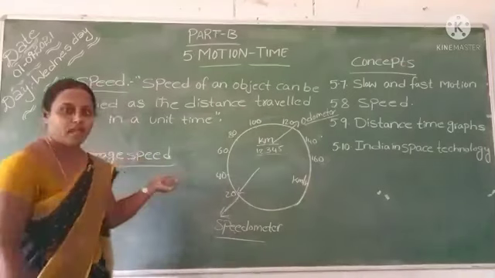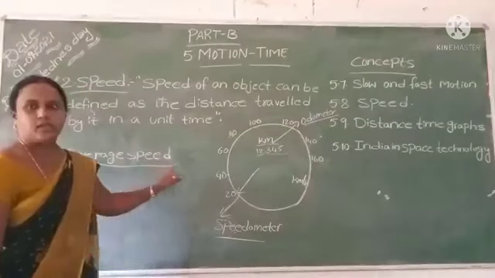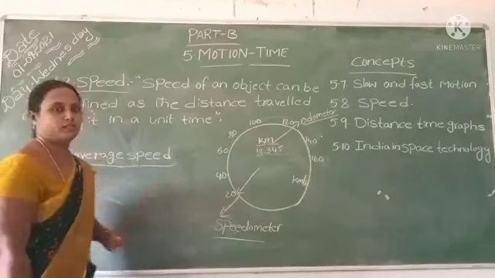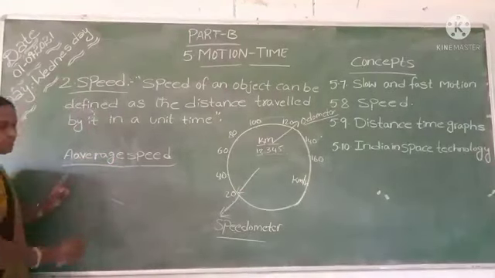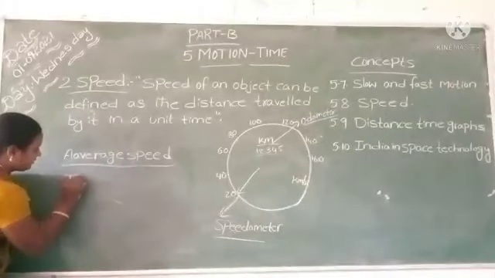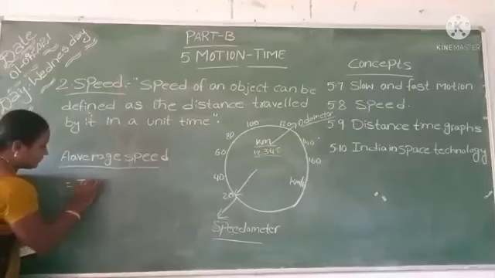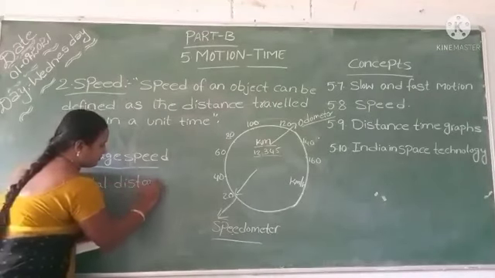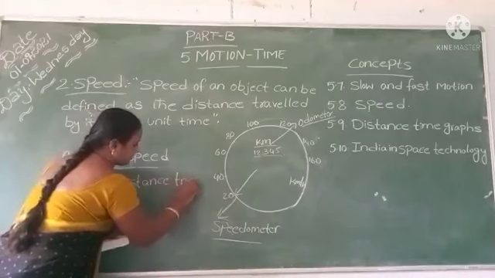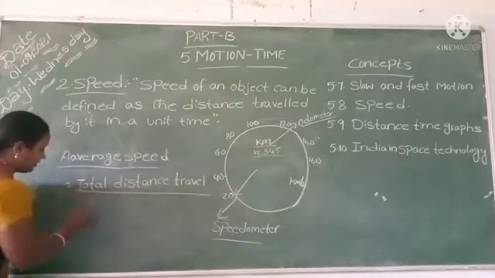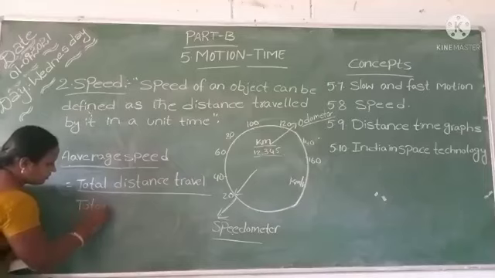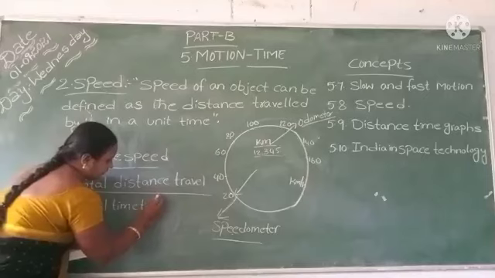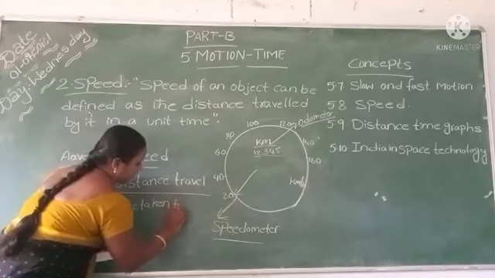Average speed is the total distance travelled divided by the total time taken to travel.